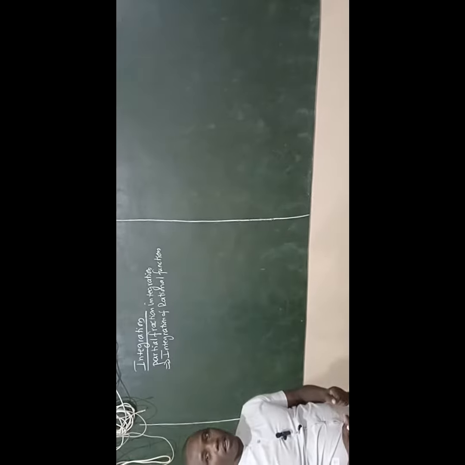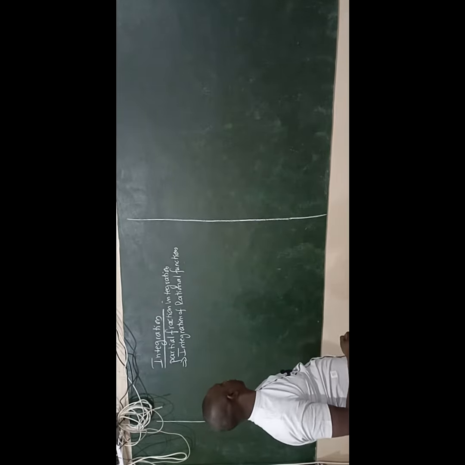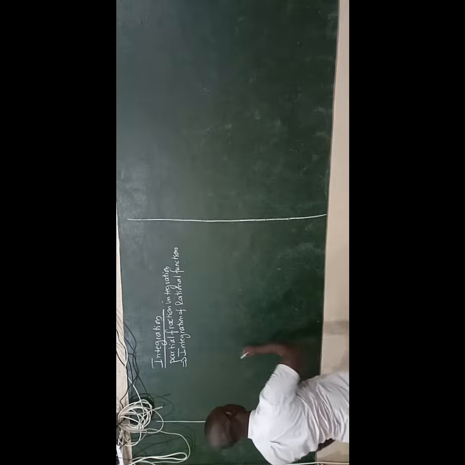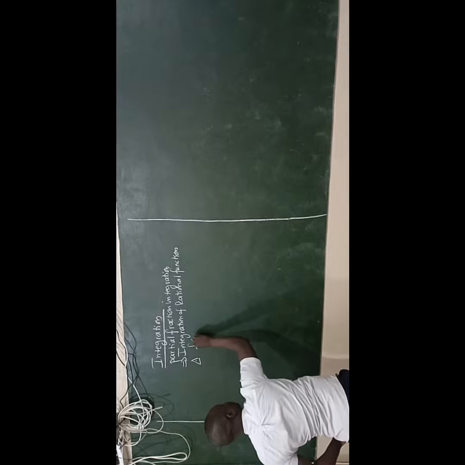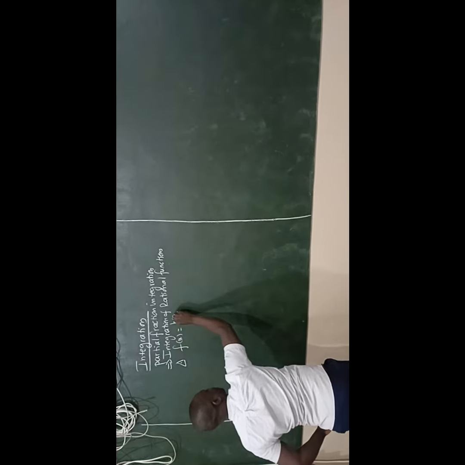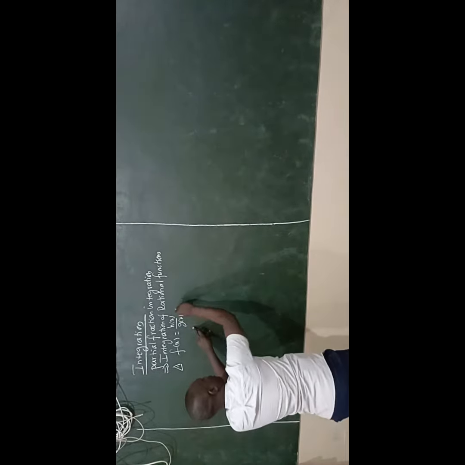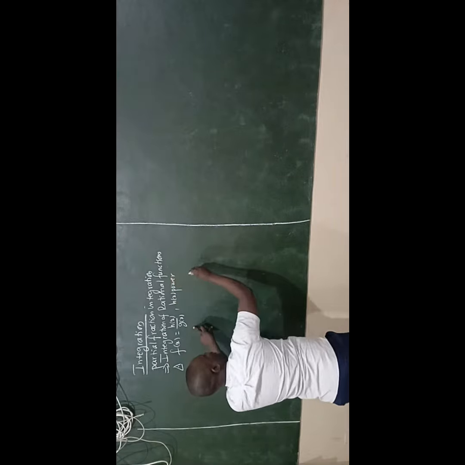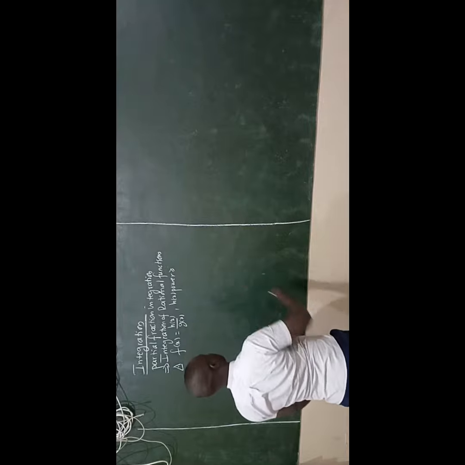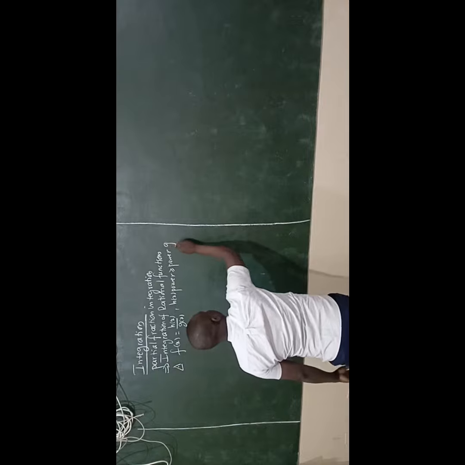Before starting, I want to remind you that integration by partial fraction consists of two parts. We know f(x) can be written as h(x) over g(x). We deal with the case where the power of h(x) is bigger than or equal to that of g(x).